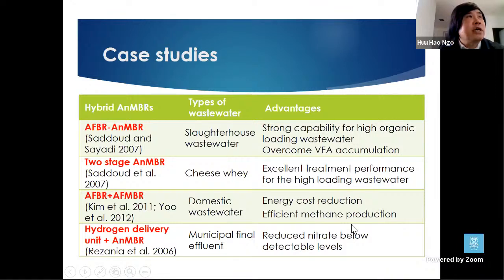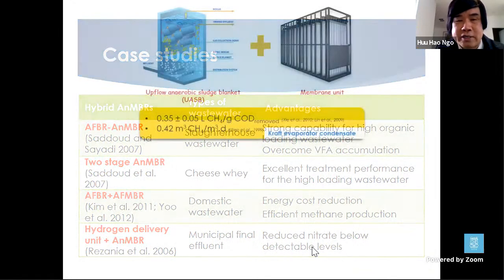We are not going to pay the money for two units combined together. And the hydrogen delivery unit with the anaerobic MBR, for a municipal final effluent, reduced nitrate below the detectable level. That's only the nitrate. They focus on the nitrate.